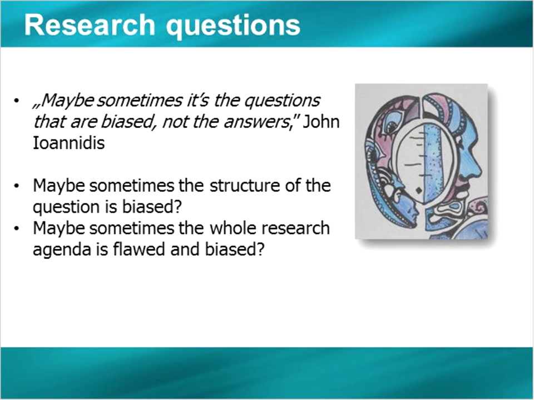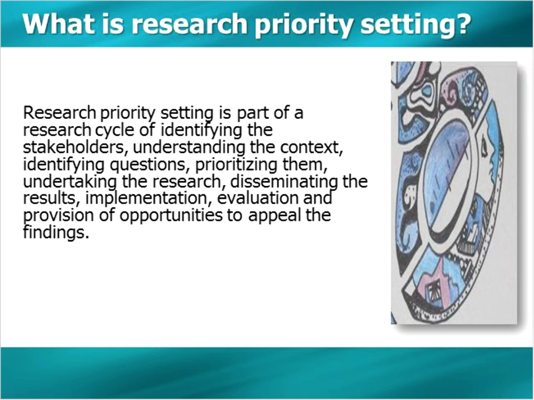And sometimes the bias might be in the research agenda itself, and that's the problem that we are trying to address with developing a more systematic approach to select and prioritize topics for research and for Cochrane reviews. So the question is, what is actually research priority setting? Research priority setting is a part of a bigger research cycle.